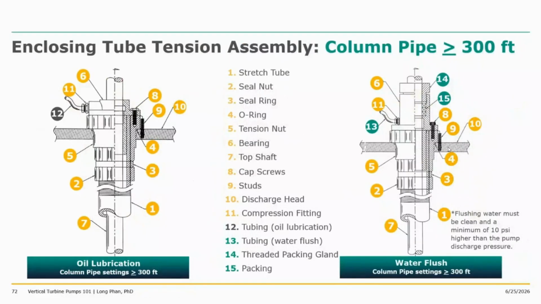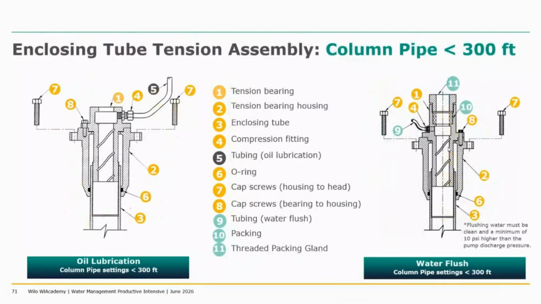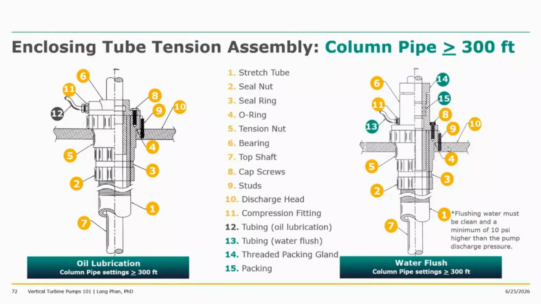This one is for anything below 300 feet. For column pipe greater than 300 feet, you have a similar design, but what we call a heavy duty design. Everything has to be rigid, with more components, but they serve the same purpose.